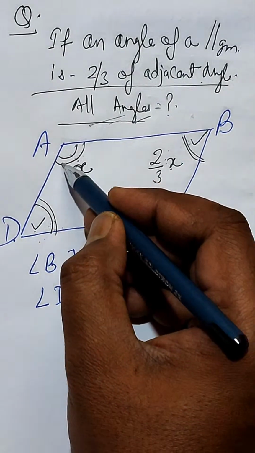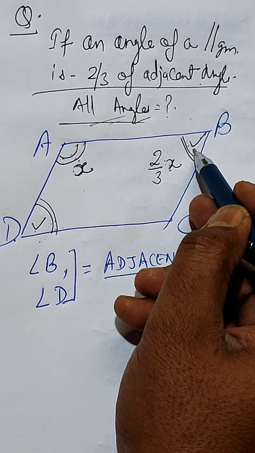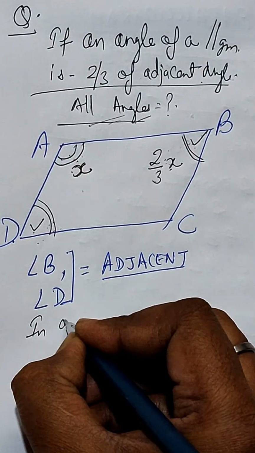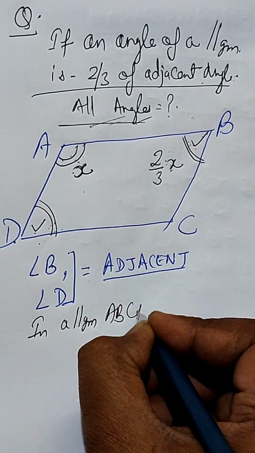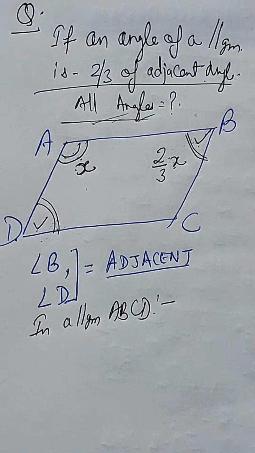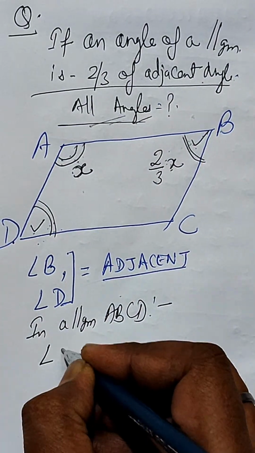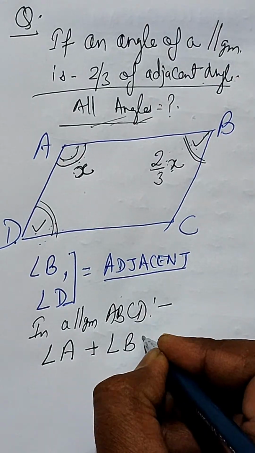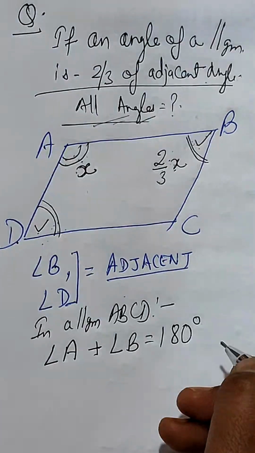Now, you know that the sum of the co-interior angles of a parallelogram is 180 degrees, right? So in parallelogram ABCD, the sum of co-interior angles, that is angle A plus angle B, is equal to 180 degrees.